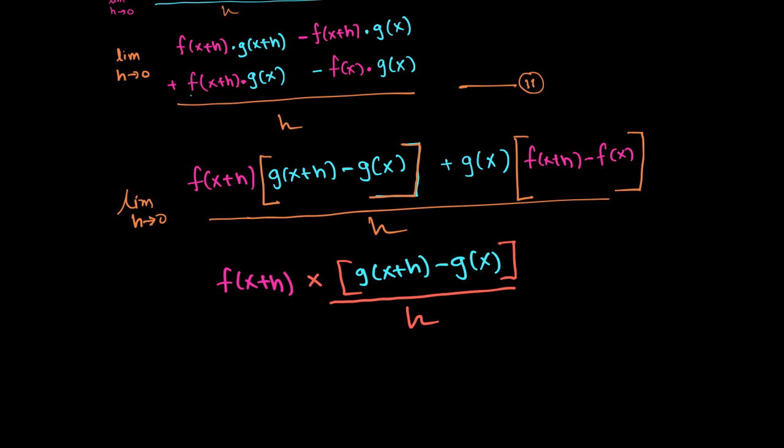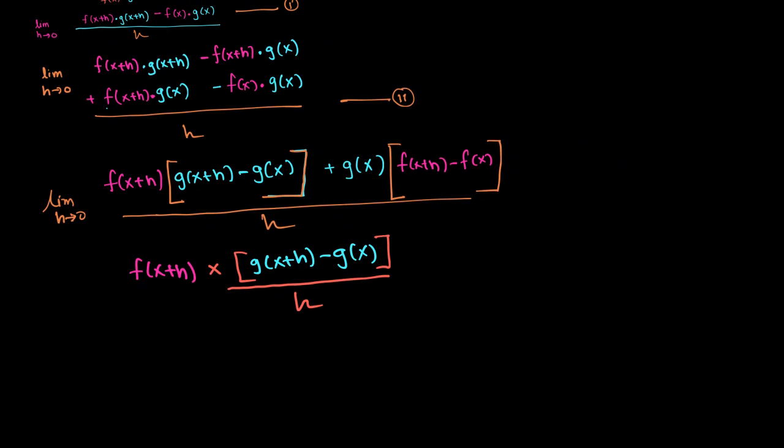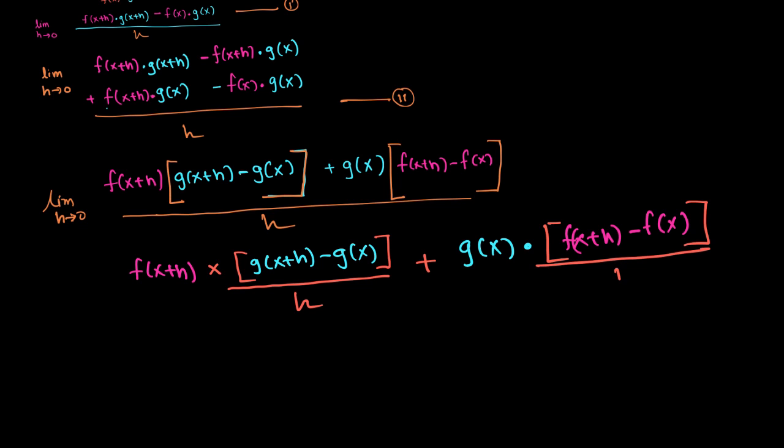So we did it in this expression, so we put the h over here. So this h is over here, and then we will do the same thing with the right hand part, that is g of x times the f of x plus h minus f of x. So if we do that, it's going to be plus g of x times f of x plus h minus f of x, and then we're going to divide this by h.